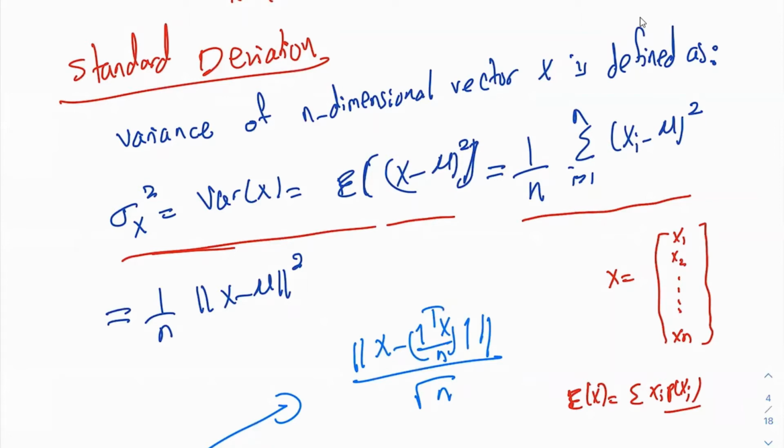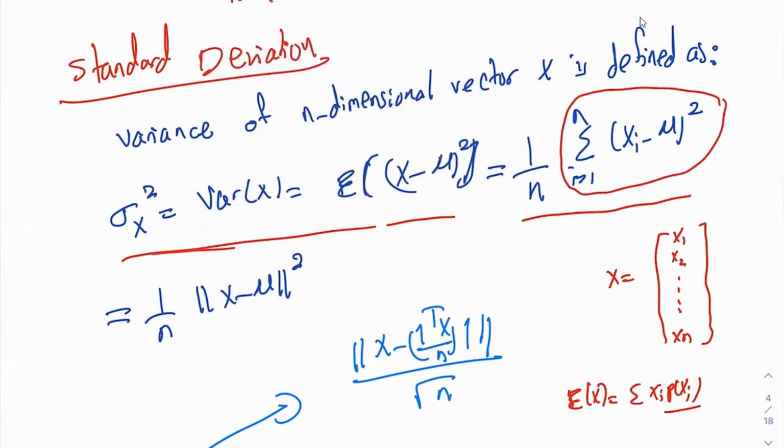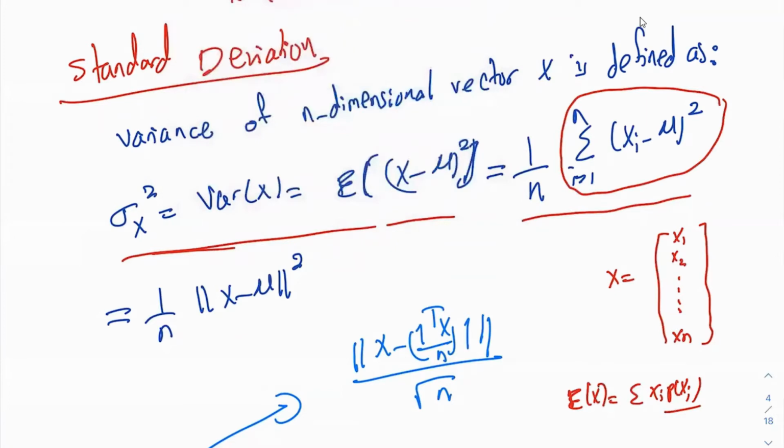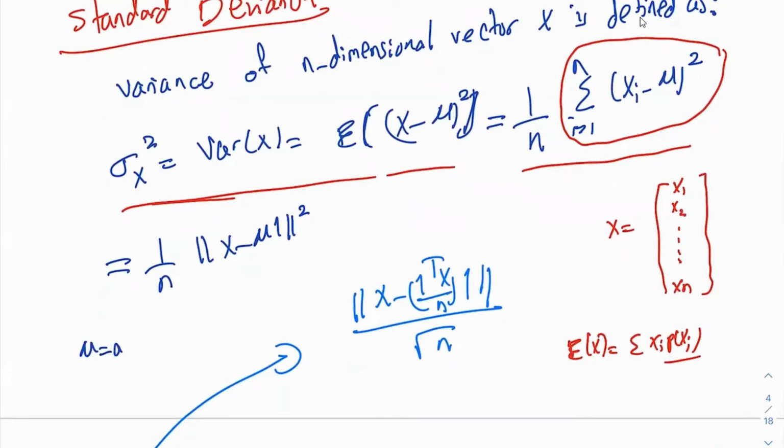Now that we know a lot about the norm and the Euclidean norm, what is this? Remember, the sum from i to n of xi squared was the norm of x squared. Now the sum from i to n of (xi minus mu) squared is equal to the norm of x minus mu squared, where mu is sometimes defined as the average of x, times the one vector, as we explained in the last video.